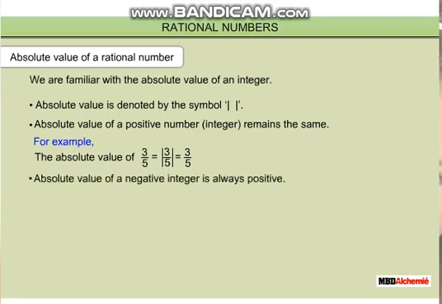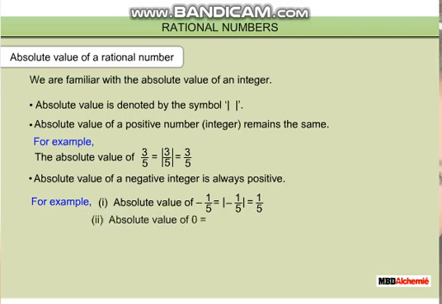The absolute value of a negative number is always positive. For example, the absolute value of minus 1 upon 5 is equal to 1 upon 5. The absolute value of 0 is 0 itself.